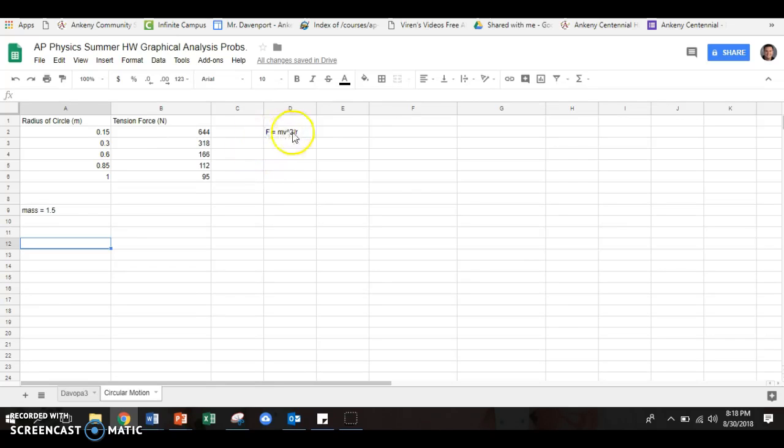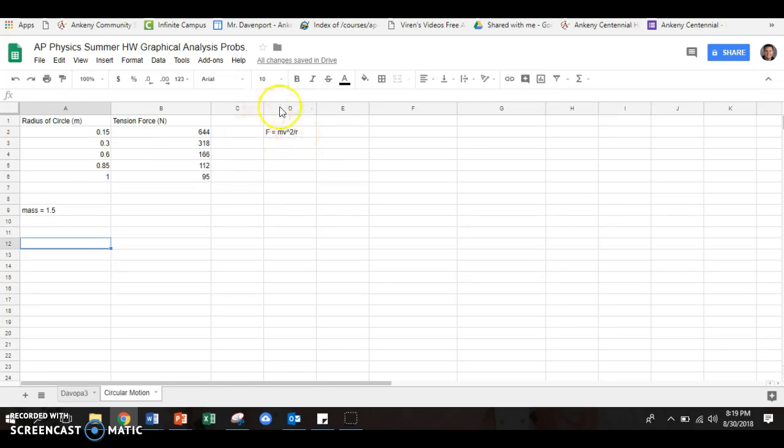So if we're looking here at the equation that was provided, centripetal force, or the tension force in this case, because you are flinging this mass around on a string, is equal to the mass of the object times velocity squared divided by the radius of the string. And we're given force and radius data. So our dependent variable, the y variable, is force, and the independent variable is radius, the r value here.